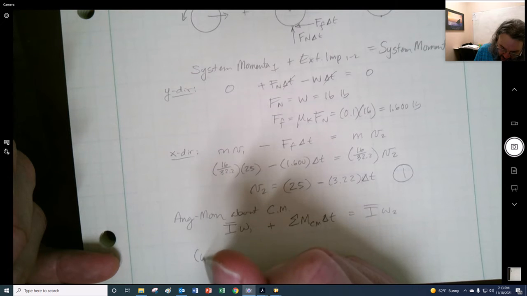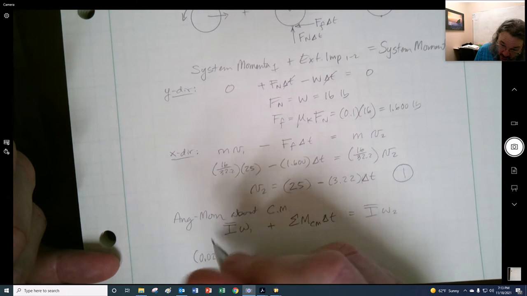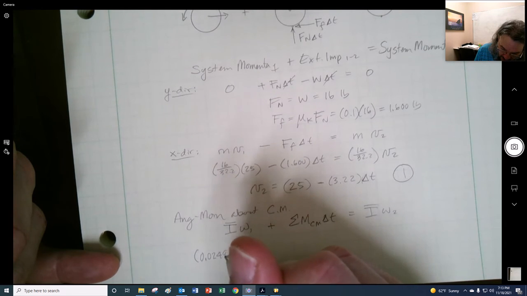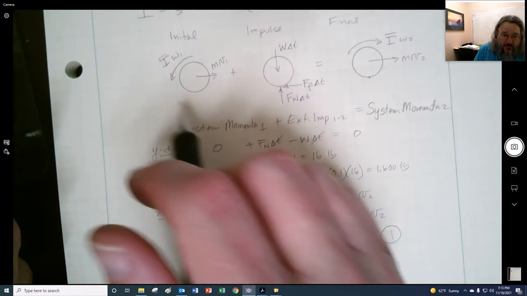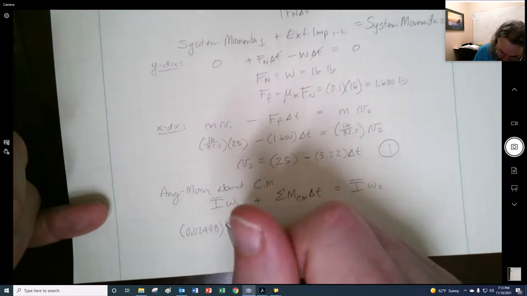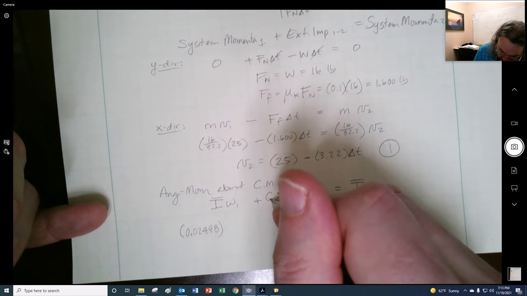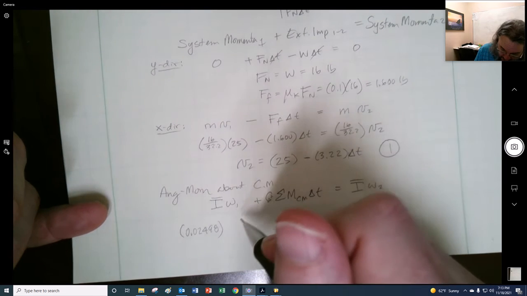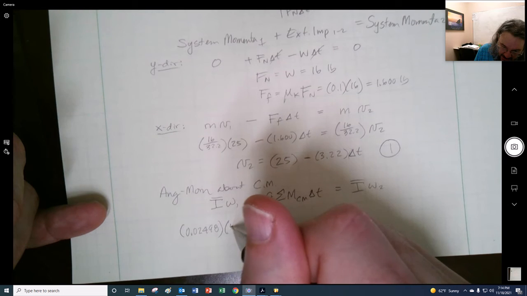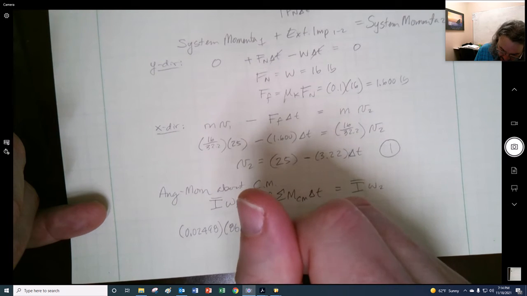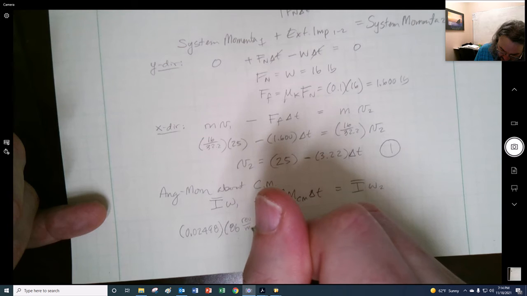We calculated that of 0.02498. And noteworthy, it is going to be positive here because it's counterclockwise. And maybe I should put that in there somewhere. I don't know. So we had 86 revolutions per minute.